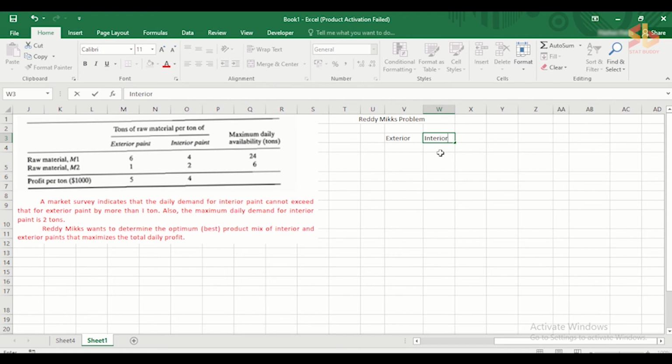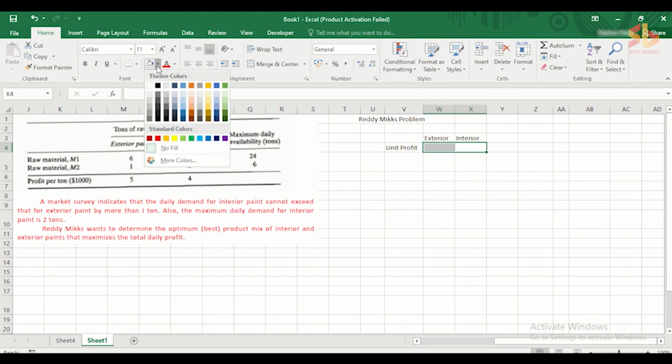I may also need the unit profits to determine the total daily profit. I name this cell using unit profit. So these are the two cells.